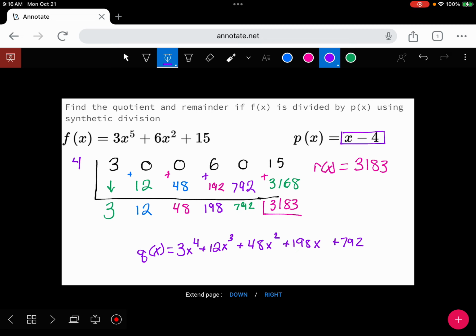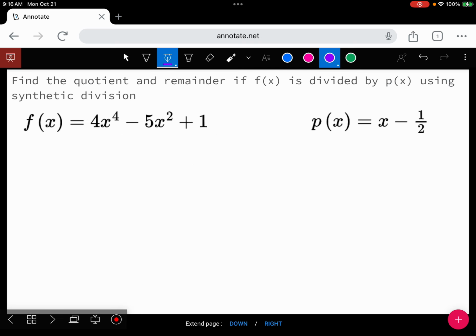Cool. I'm just making sure we get everything we need to get to today. All right. One more like this, and then we'll move on a little bit.